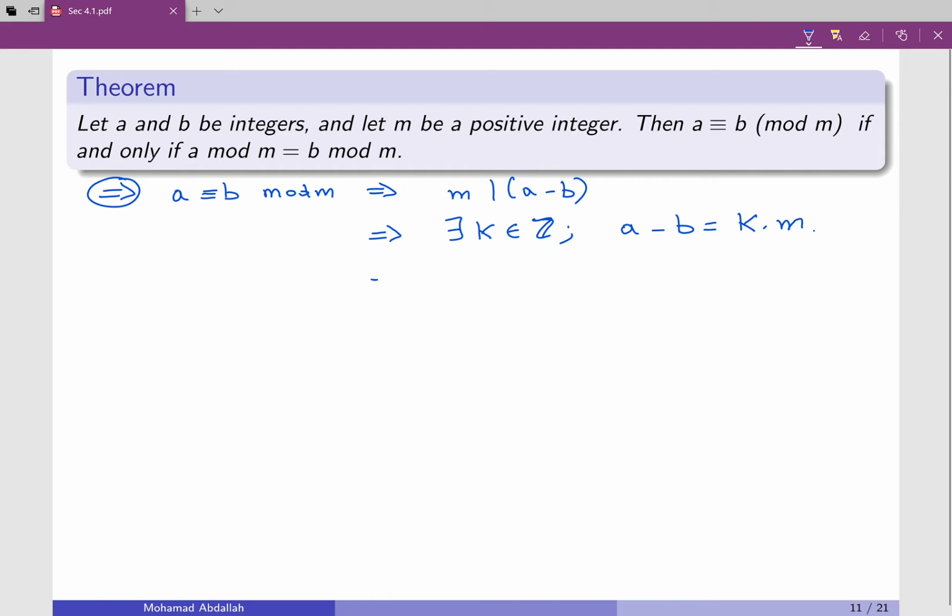So this means that A is equal to B plus k times M. Okay. So I have all these things.